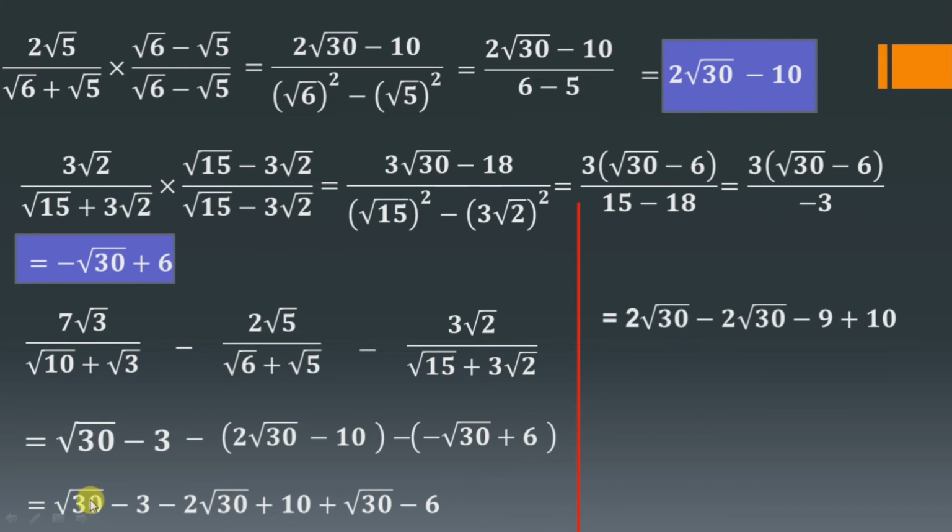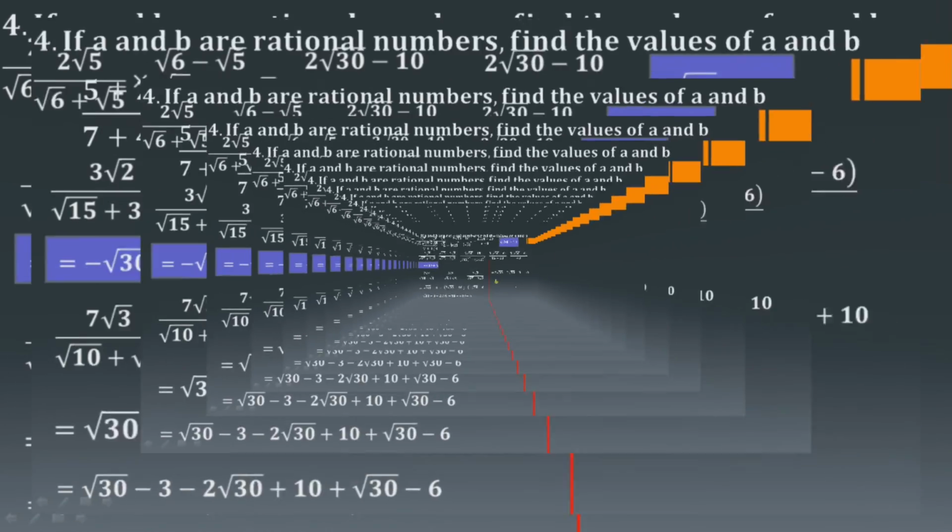So now this root 30 and this root 30 when I add, I'll get 2 root 30, minus 2 root 30, minus 3 minus 6 is minus 9 plus 10. So now plus 2 root 30 minus 2 root 30, these two will get cancelled. 10 minus 9 is 1. So the answer for this question is 1.